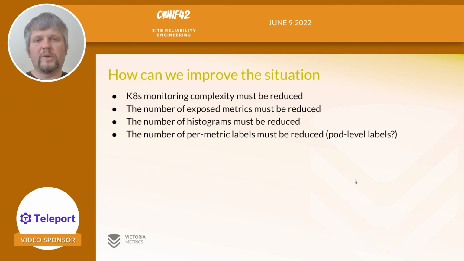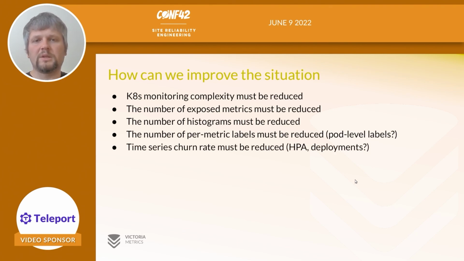The number of parametric labels must be reduced. For instance, in Kubernetes, it is common practice to put all the labels defined at pod level onto all the metrics exposed by this pod. And probably this is not correct. We should change the situation.